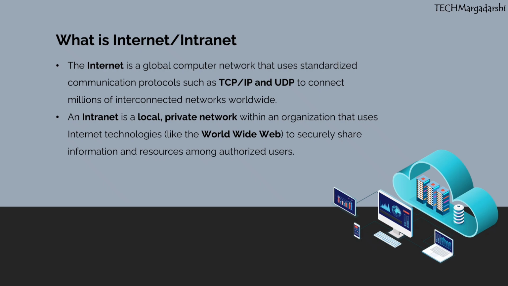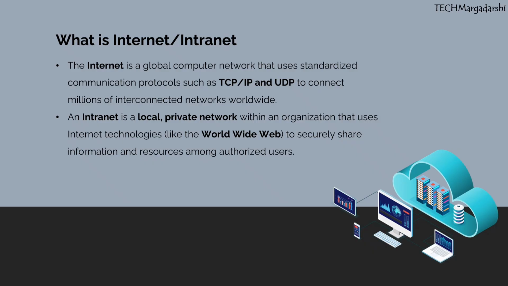Let's move on to the second topic, Internet and Intranet basics. Now, let's understand how cloud works using networks. Internet. The Internet is a global network connecting millions of computers worldwide. It uses standard communication protocols like TCP/IP and UDP.